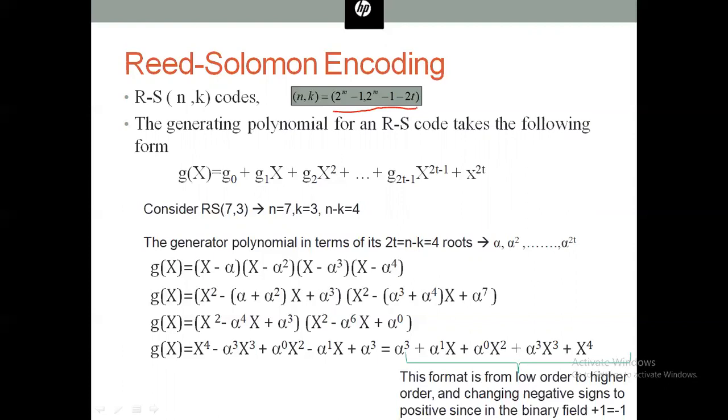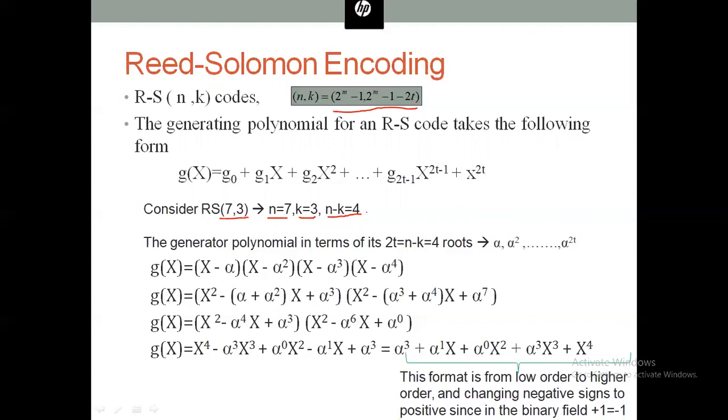And that code will be able to correct t errors and locate t errors. So if we consider an RS code of (7,3), n is 7 and k is 4, so n minus k is 4.